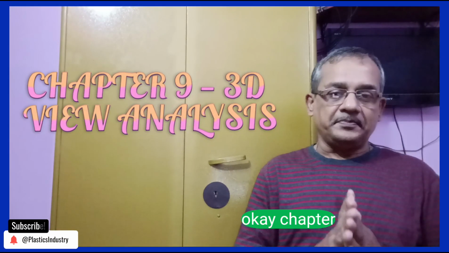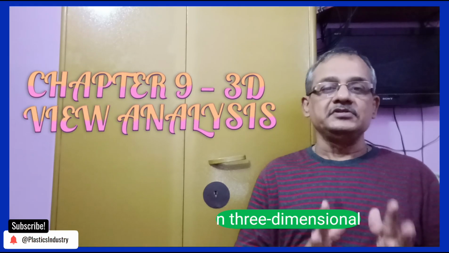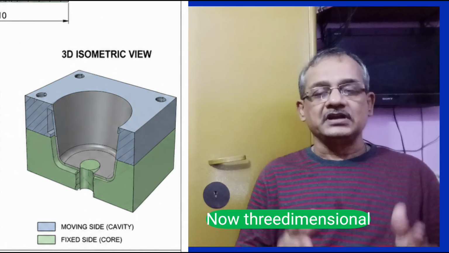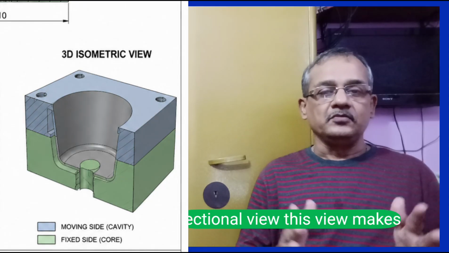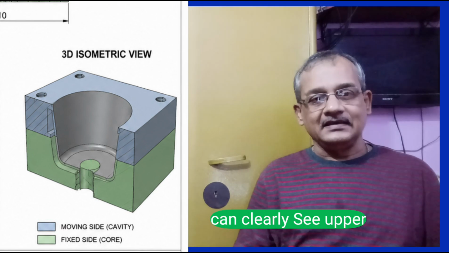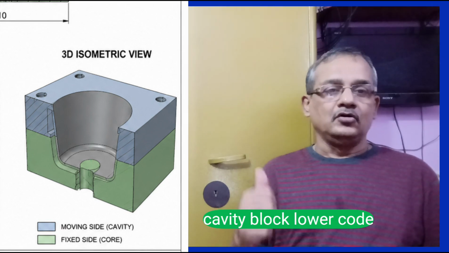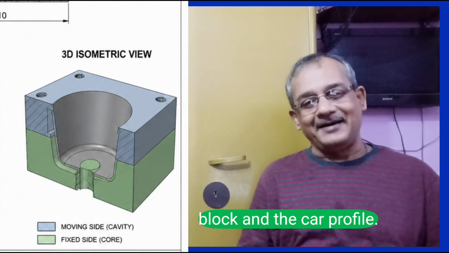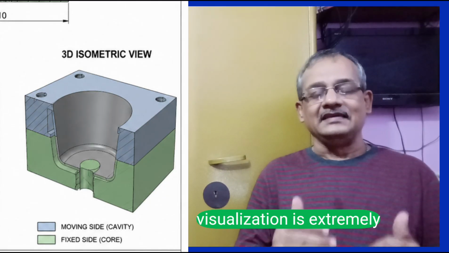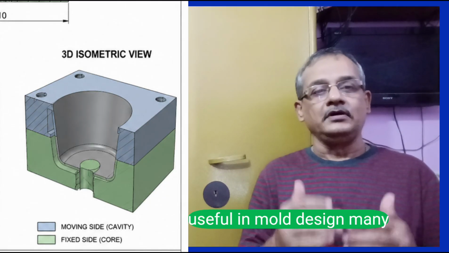Okay? Chapter 9. Three-dimensional view analysis. Now, three-dimensional sectional view. This view makes understanding very easy. You can clearly see upper cavity block, lower core block, and the cup profile. This is why 3D visualization is extremely useful in mold design.